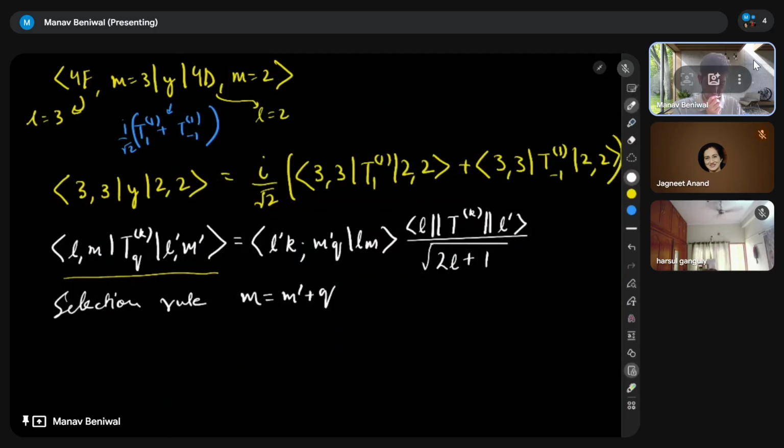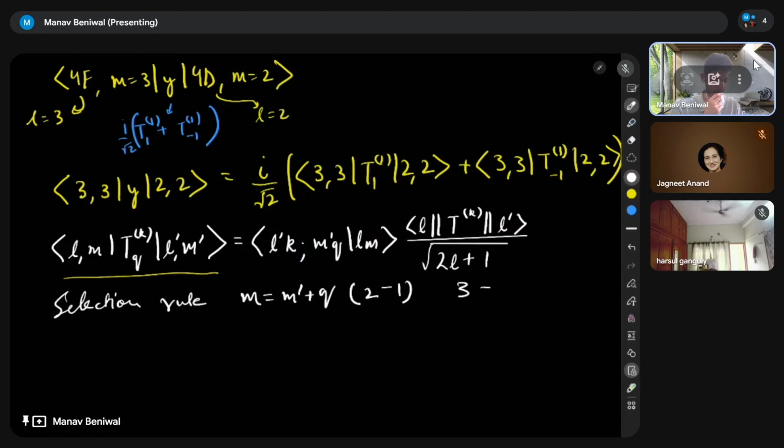So if we apply this selection rule, we see that for the second term where we have this minus 1, q is minus 1, so m prime plus q will be, here m prime is 2 and this is minus 1, so this will give us 1, and m is 3.